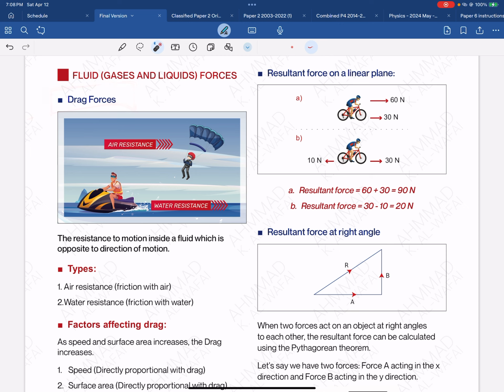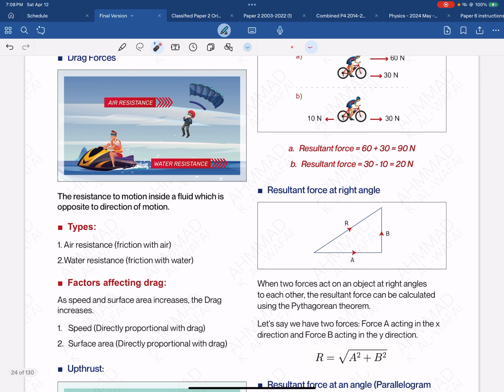Now, moving on to fluid forces. The first one is the drag force. Fluids are gases and liquids, so you've got air resistance and water resistance. These are forces created from friction with air or friction with water. If your speed increases or your surface area increases as you are cutting through the fluid, the drag force is going to increase.